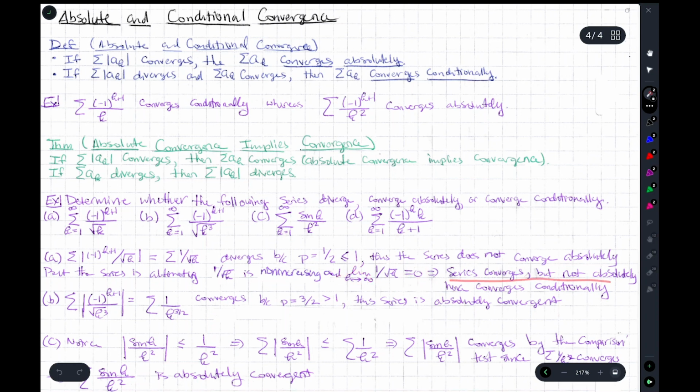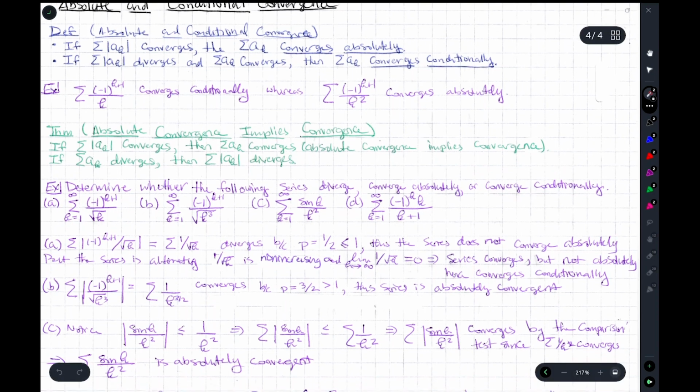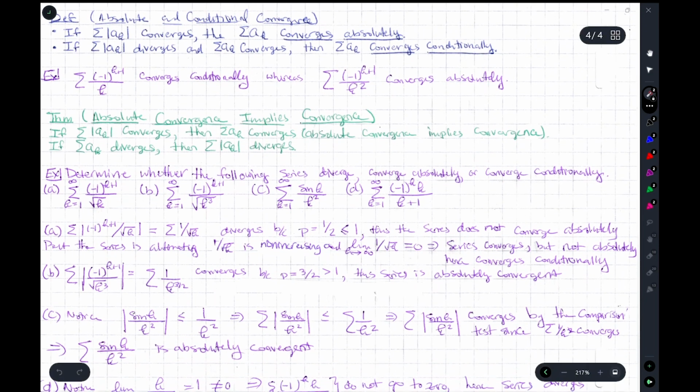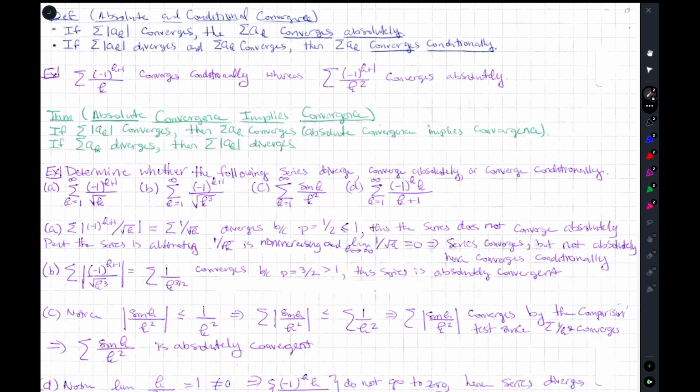Therefore, the series does converge, but does not absolutely converge, and hence this series converges conditionally. Okay, it converges conditionally.